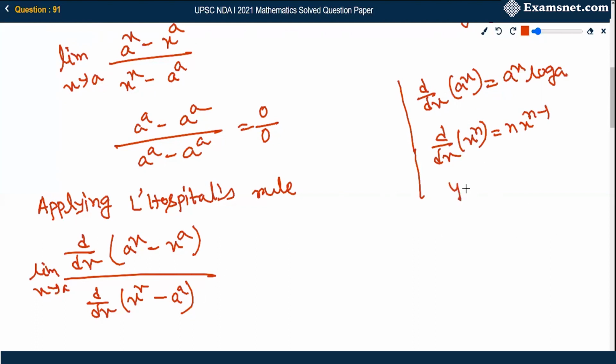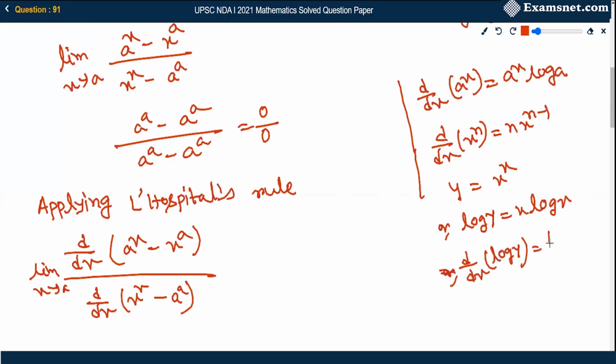Let's consider it y equals x to the power x. Next, we apply logarithm on both sides, log y equals x log x. Now differentiate d/dx of log y and x log x.